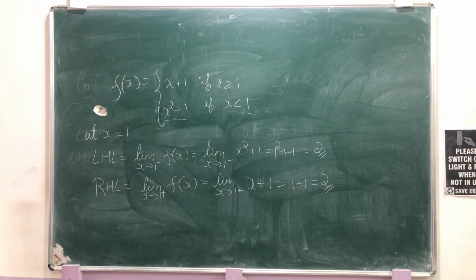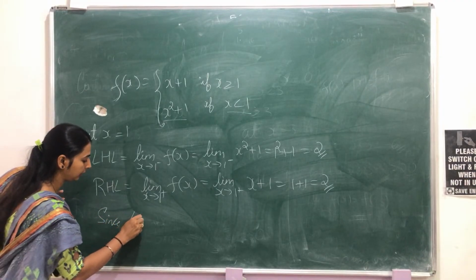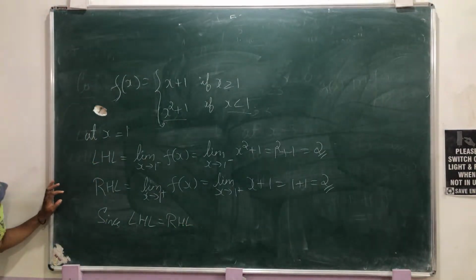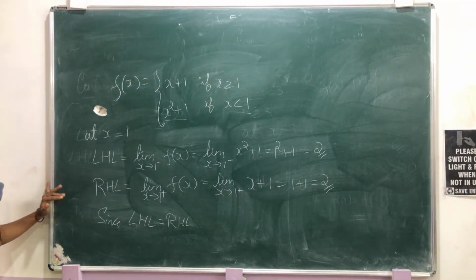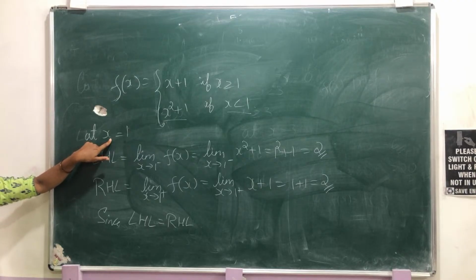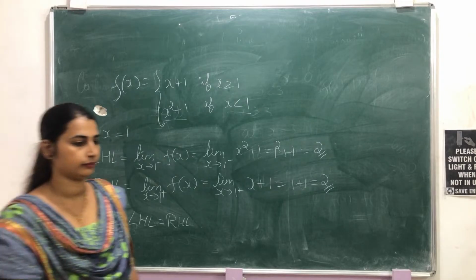Therefore left hand limit equal to right hand limit. Since left hand limit equals right hand limit, the function f of x is continuous at x equal to 1. Here it is continuous, so no need of writing point of discontinuity. Directly you can write, there is no point of discontinuity. Understood?